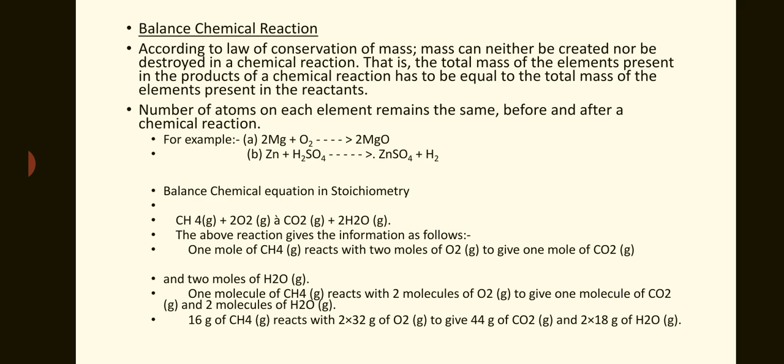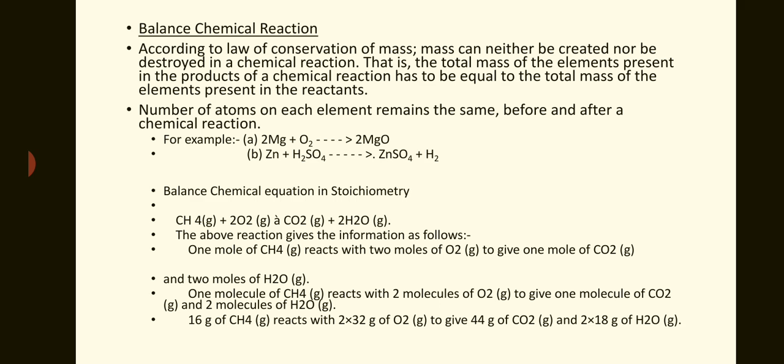And if we calculate the molecular mass with the help of the periodic table, for CH4 methane gas, the molecular mass becomes 16 gram because carbon has mass 12 plus 4 atoms of hydrogen, so 1 multiplied by 4. So if you total in CH4, 12 plus 4, you will get 16 gram.